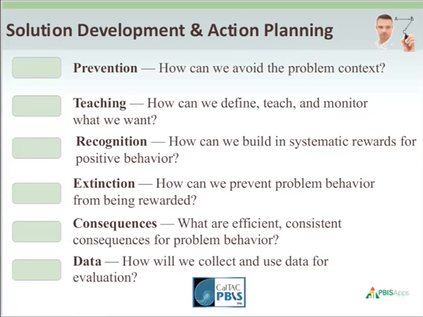How are we going to recognize the students for doing the new behaviors we want them to have? How are we going to make sure the old behaviors don't work for them? And then what would be our efficient consequences for when the misbehavior does happen? And how are we going to collect data to see how we're doing with the plans we put into place?